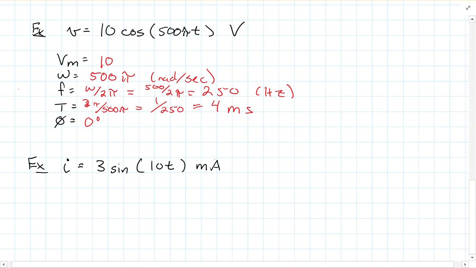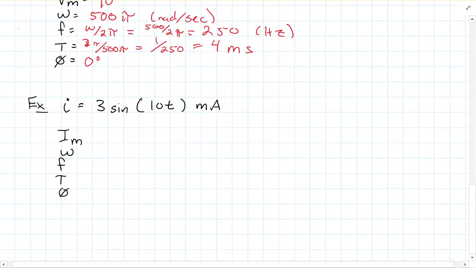And so in this case, we don't have a Vm to compute, but we're going to compute all the same things. We have an Im. So we're going to compute all of these things here.